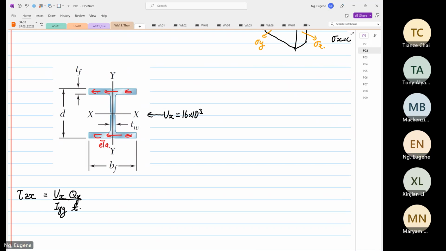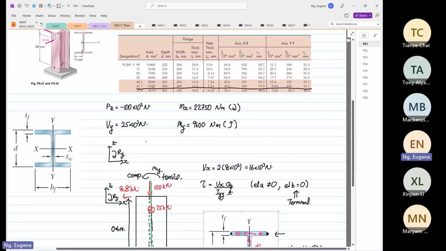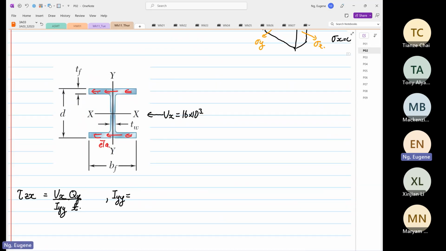From the table, we know that Iyy is 9.03 times 10 to the power minus 6 meter to the 4.